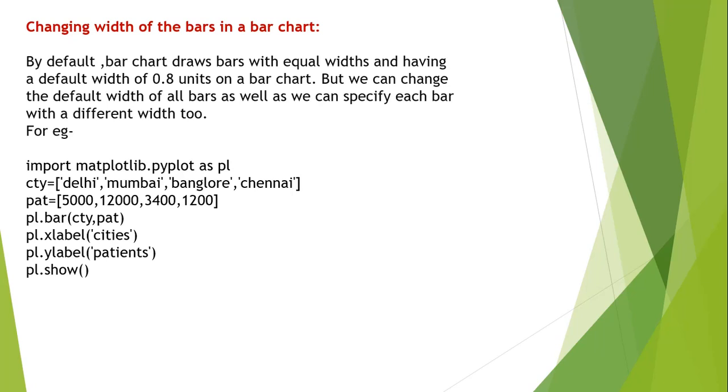pl.bar(cty, pat). What we have done here is we have passed this city and patient data inside pl.bar. This bar function will create a bar chart using these values cty and pat, where cty is on the x-axis and pat is on the y-axis. pl.xlabel represents the cities, so on the x-axis labeling will be done for the cities, and for the y-axis pl.ylabel is patients.